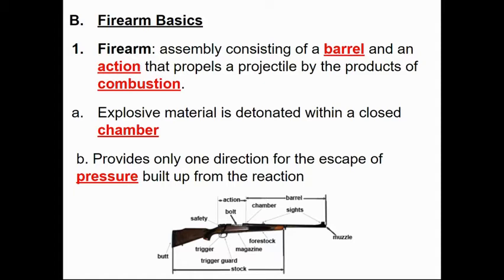There are different types of actions, and that term is used in a couple of different ways. But you could have a pump action, a lever action, a bolt action, and others. And then the projectile is what we would think of as the bullet that is going to leave the gun.